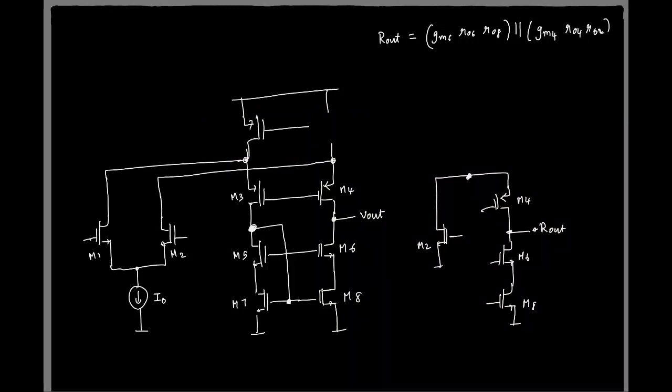So I'll do this. I'll call this M9 and M10. Okay. So now again, if you see, earlier we had an ideal current source here, so this portion was open, right?